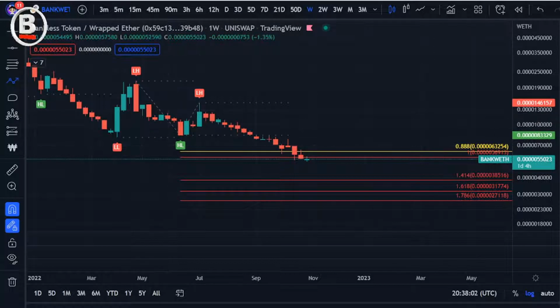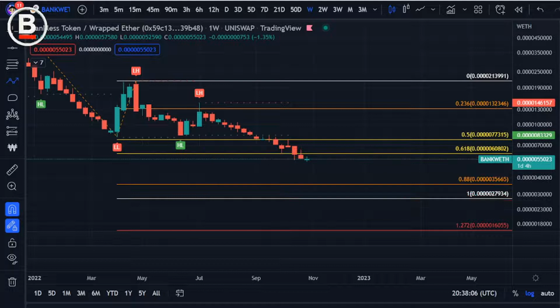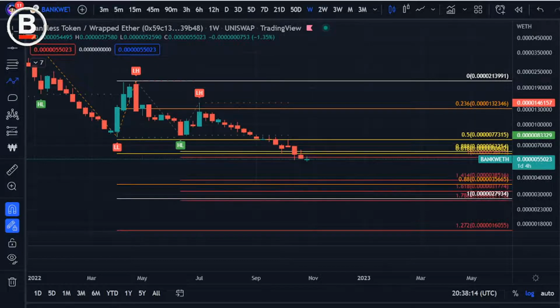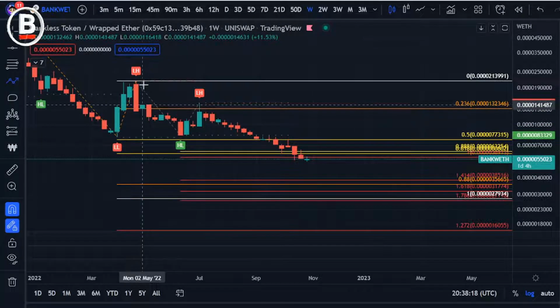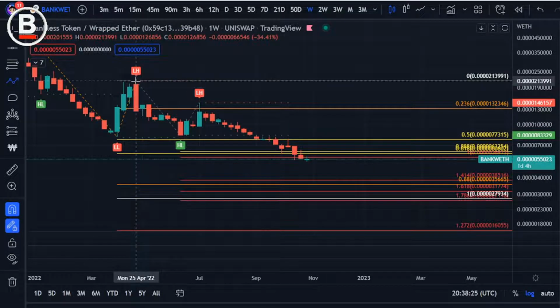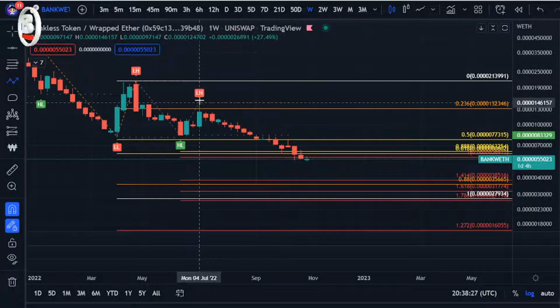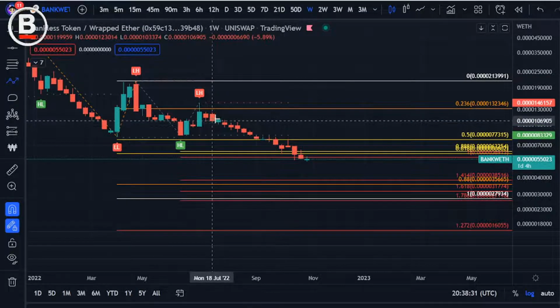So we have the larger, right? We're looking for these numbers on the more medium term, and we can now measure this internal swing from this high to this low, just like we did from the high back here to this low to this high.